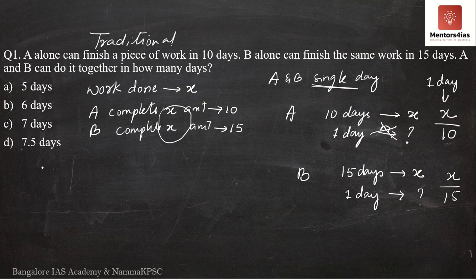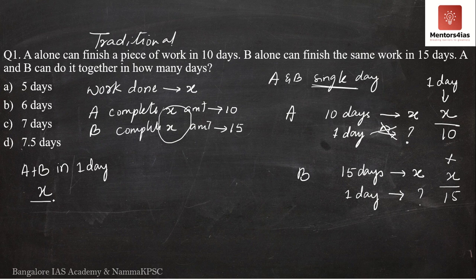If both A and B are working together, how much work will they complete in a single day? In order for me to find out the amount of work completed by both A and B working together in a single day, what do I do? I add X by 10 and X by 15.